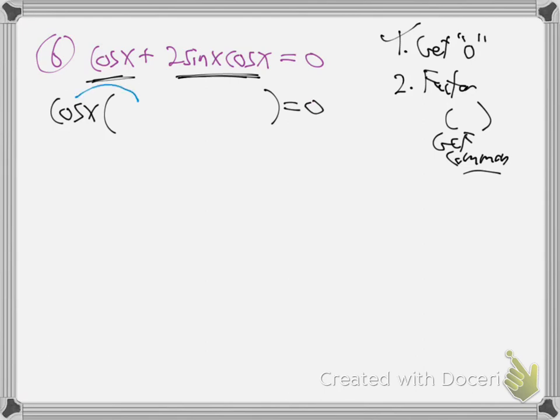So cosine times what would go back to cosine? Well, just 1, huh? Cosine times 1 is cosine. Plus cosine times what here would go back to 2 sine cosine? 2 sine x. How we doing?